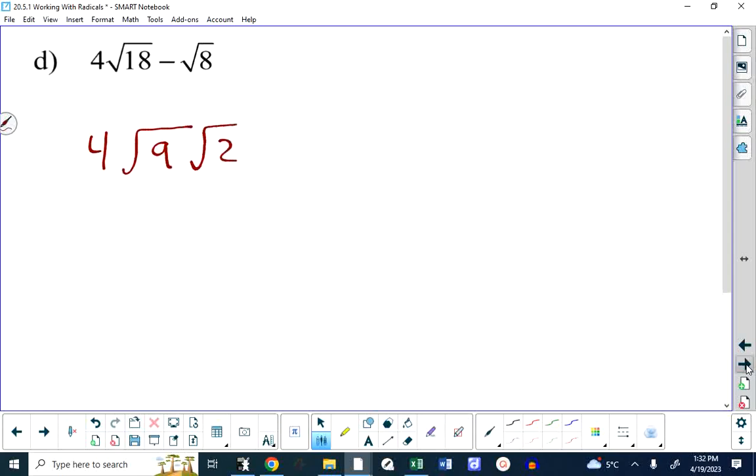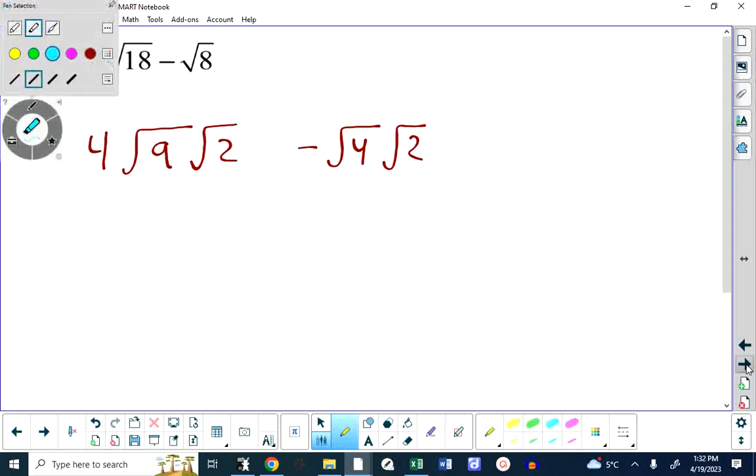I believe since it's only a square root, we don't have to worry about writing out all the prime factors. And root 8 is root 4 root 2. Again, I just want to make sure that you understand that I'm doing this because these two things are perfect squares.